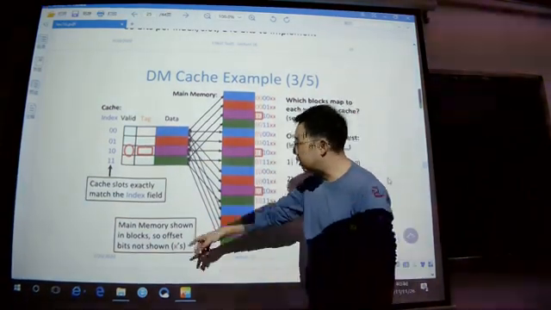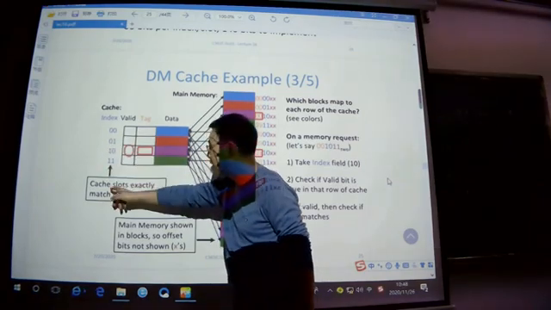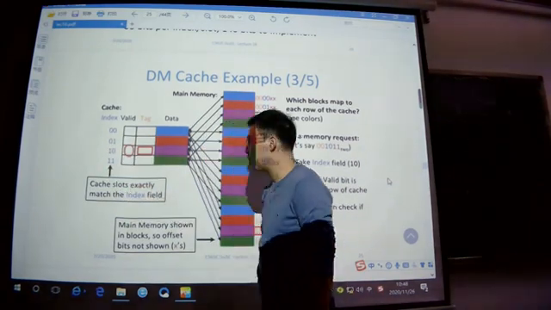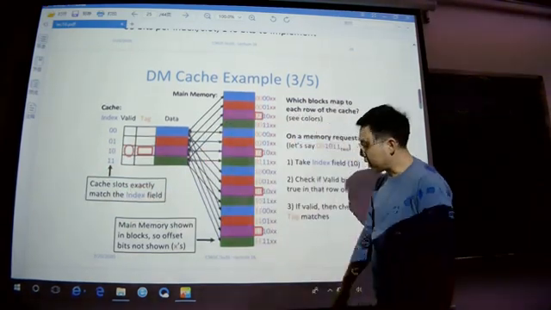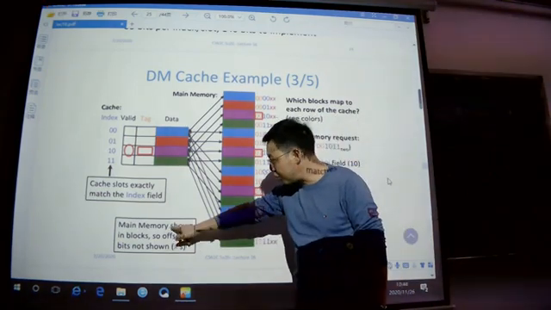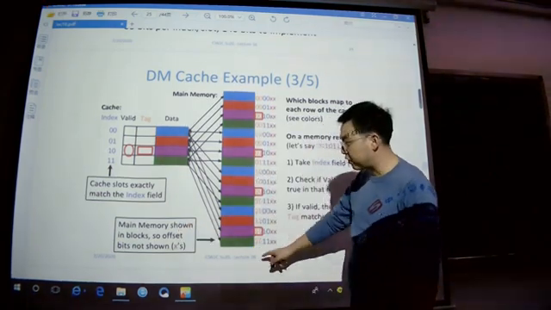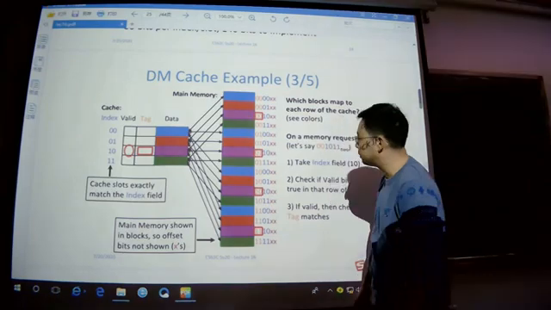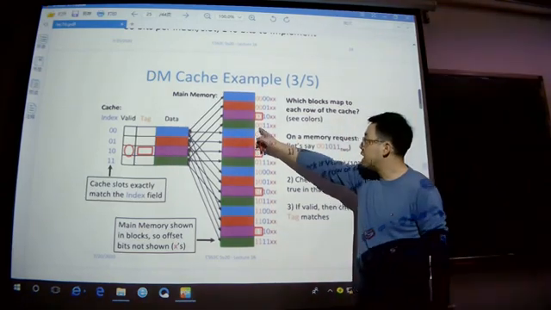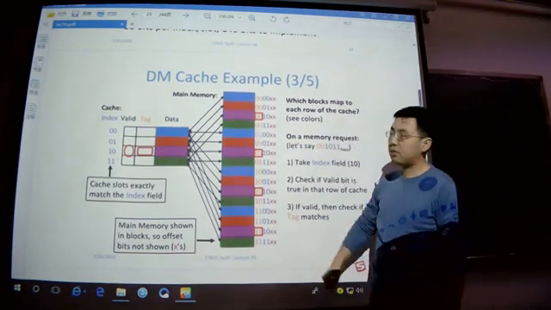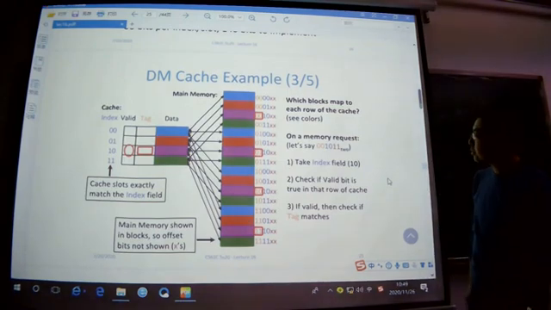So you can find the cache slots exactly match the index field. This is main memory. Main memory is in blocks, so offset bits are not used. You can find 1, 2, 3 color numbers.